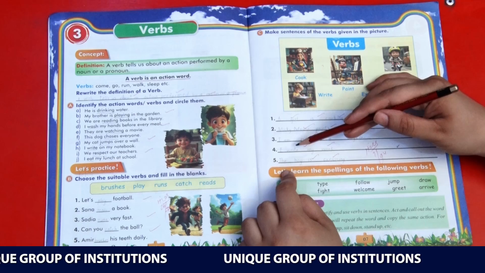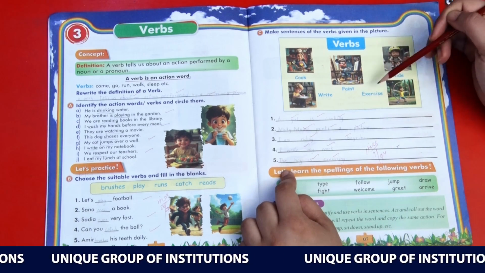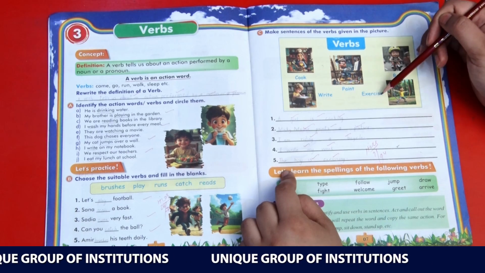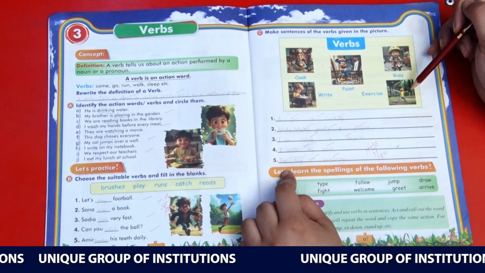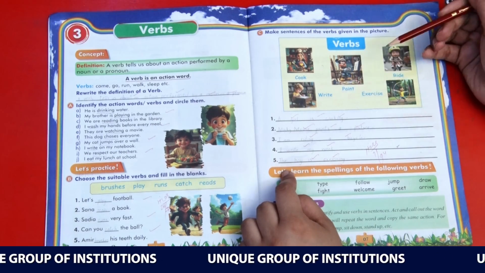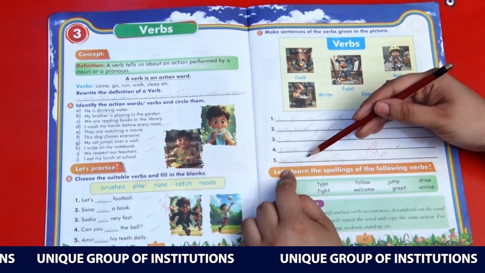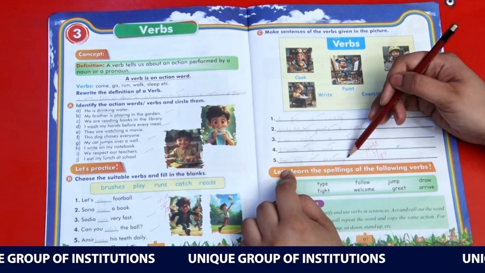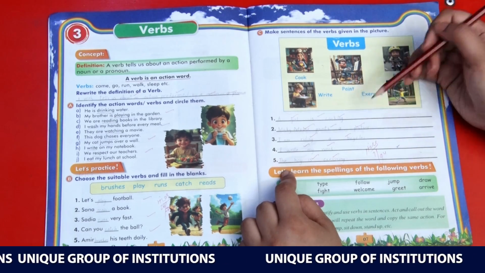So you can make the sentence, I write my work. In the fifth picture, the word given is exercise, and there is a girl who is doing some exercise. So we can say the boy is exercising. You can make your own sentences as well, but we have given these for your help.